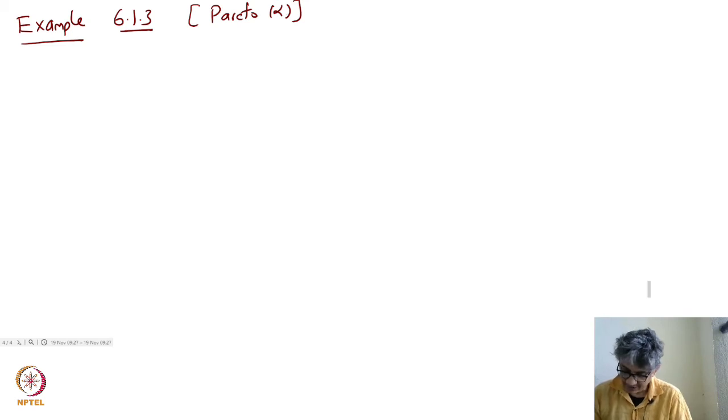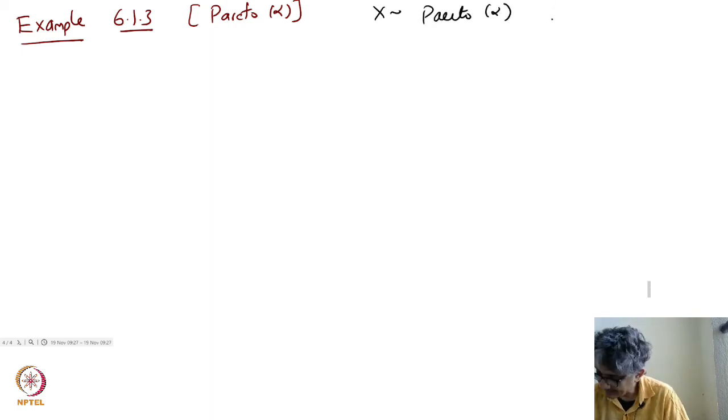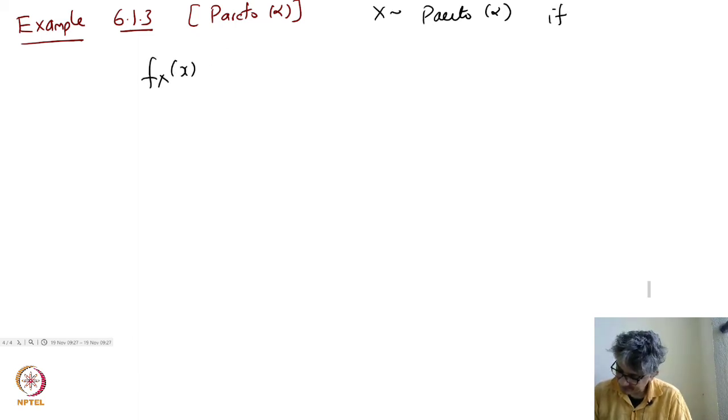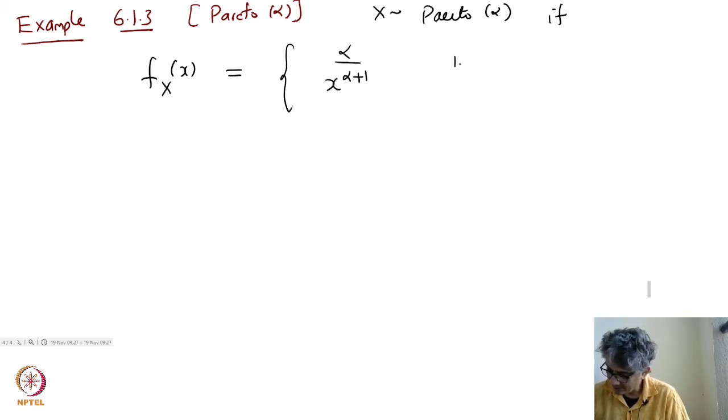You say X is Pareto with parameter alpha if its density function is given by alpha over x to the alpha plus 1, for 1 less than or equal to x less than infinity, and 0 otherwise.